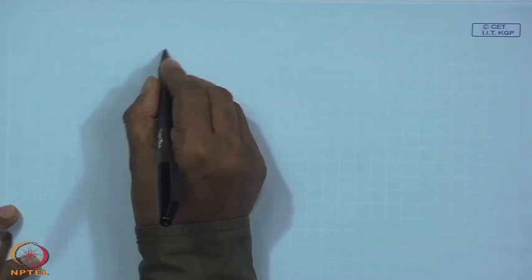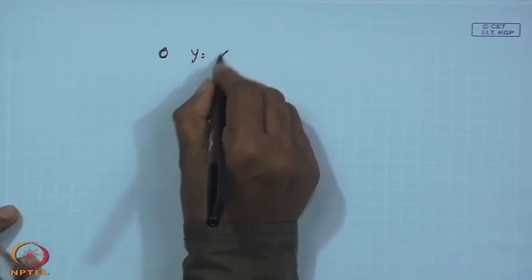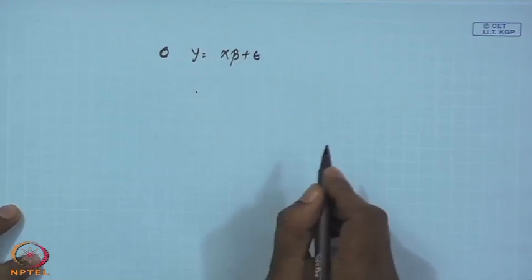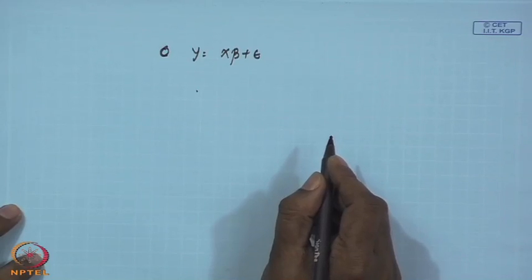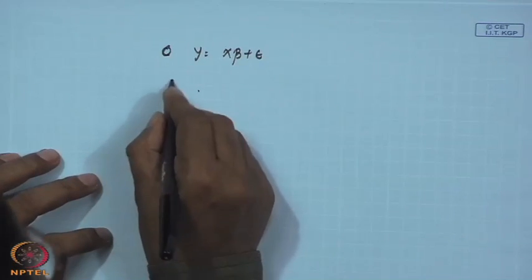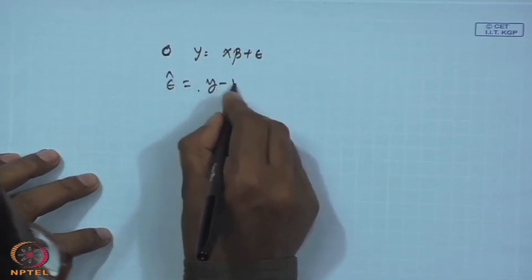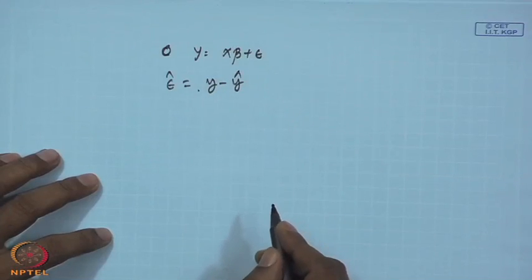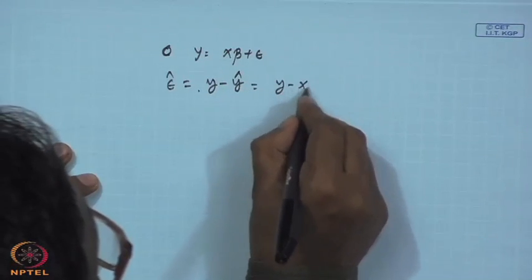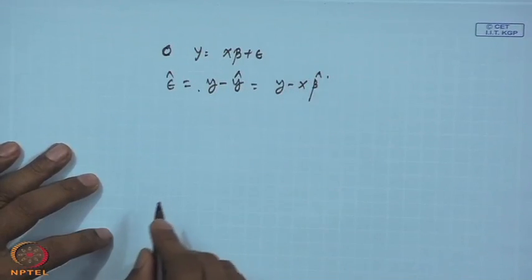But similarly, what will happen? Suppose you know that y equals x beta plus epsilon. Now, we also know that this one is y minus y cap, that means y minus x beta cap.